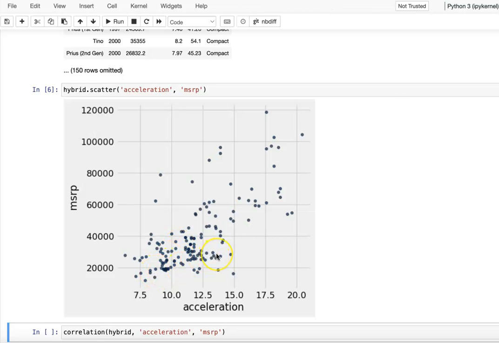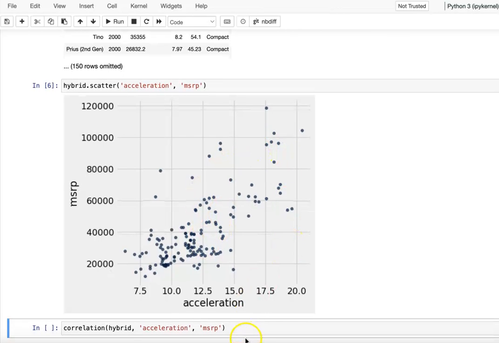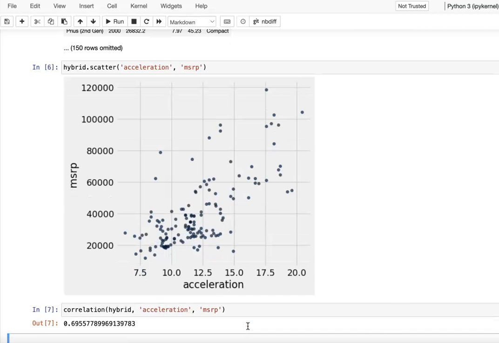One thing is we know it will be positive. Since it's not a very clear straight line, maybe around 0.5, we can guess.